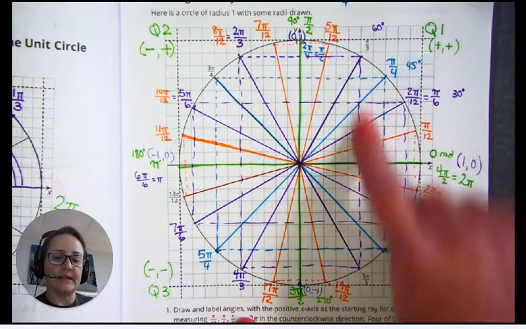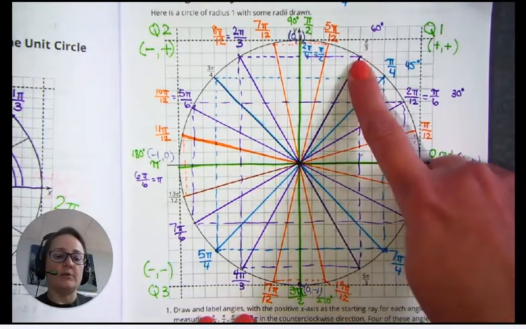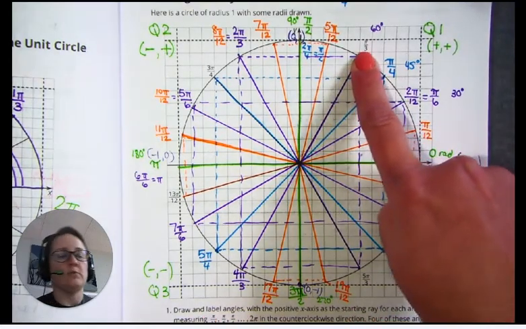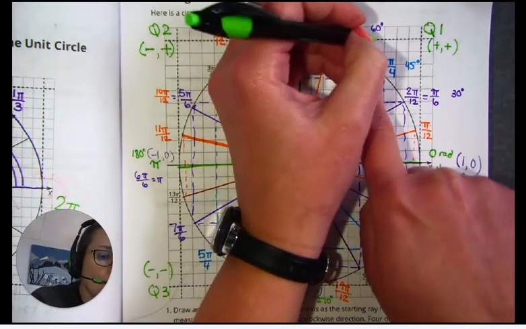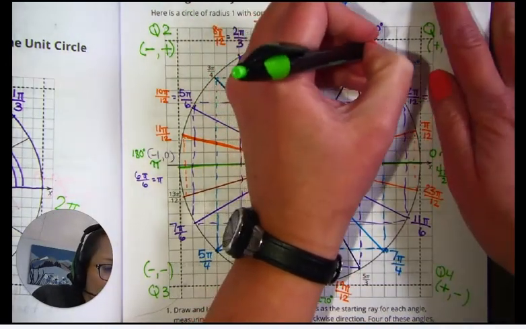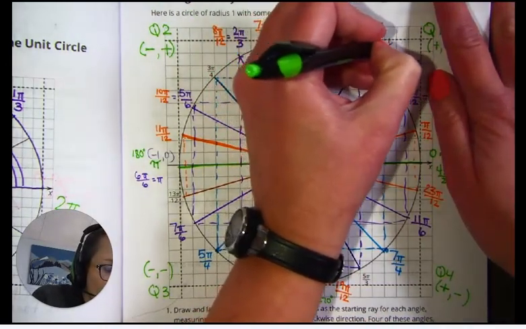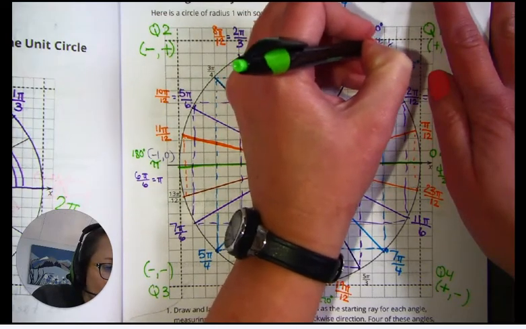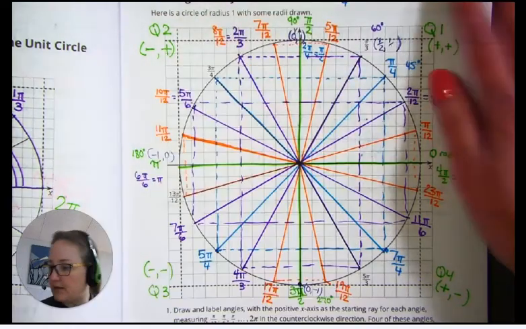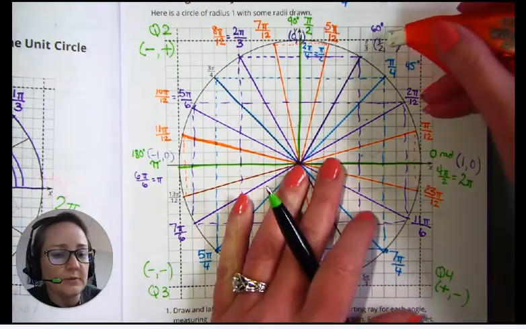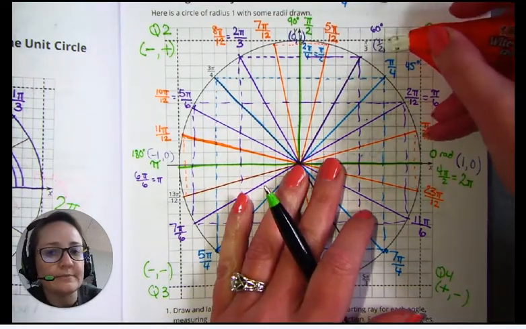We have just said that we don't know necessarily our x coordinate, but at pi over 3, our y coordinate is 1/2 something. Let me get my white out, because we don't know what that something is yet.